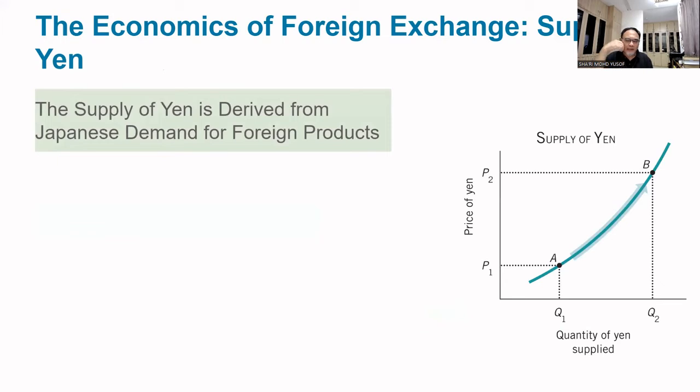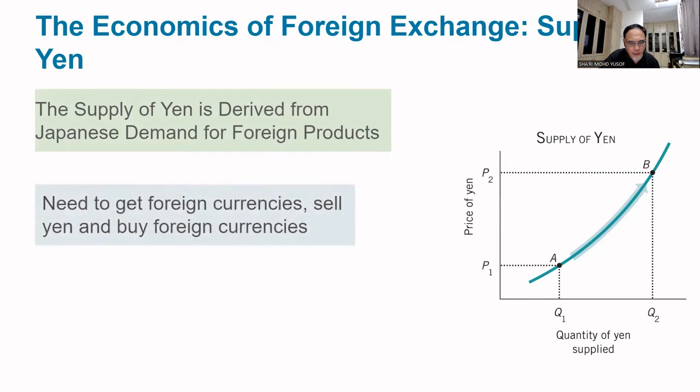Now, the other side is the supply side. The supply of yen is derived from Japanese demand for foreign products. If the Japanese want more foreign products, they need to get foreign currency. So you need to get foreign currencies and sell yen.